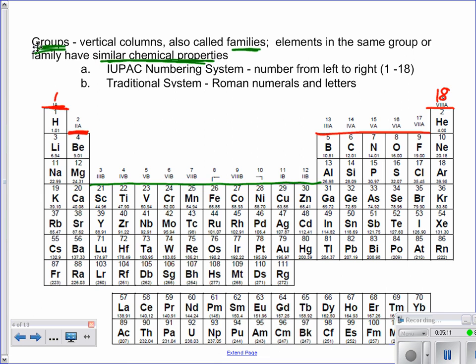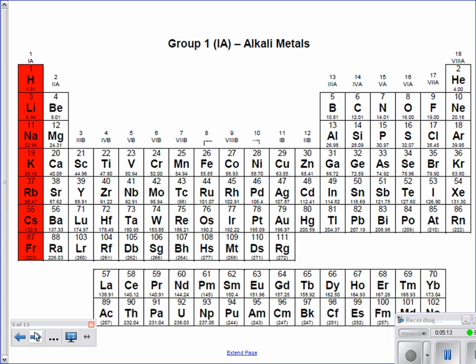And then if we break those groups down even further, we can see that we've got some specific groups that we should know the names of. What I had asked people to do in class was use the PDF of your periodic table online, where you can annotate directly. It might be a helpful way to learn these.